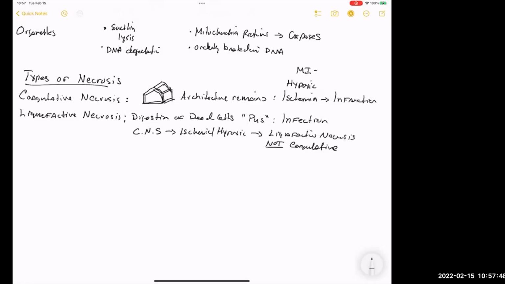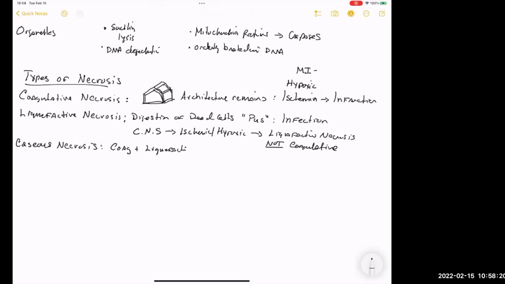All right. The next type of necrosis is something referred to as caseous necrosis. Caseous necrosis is a bit esoteric. It's a very specific kind of necrosis. And it is essentially a combination of coagulative plus liquefactive.